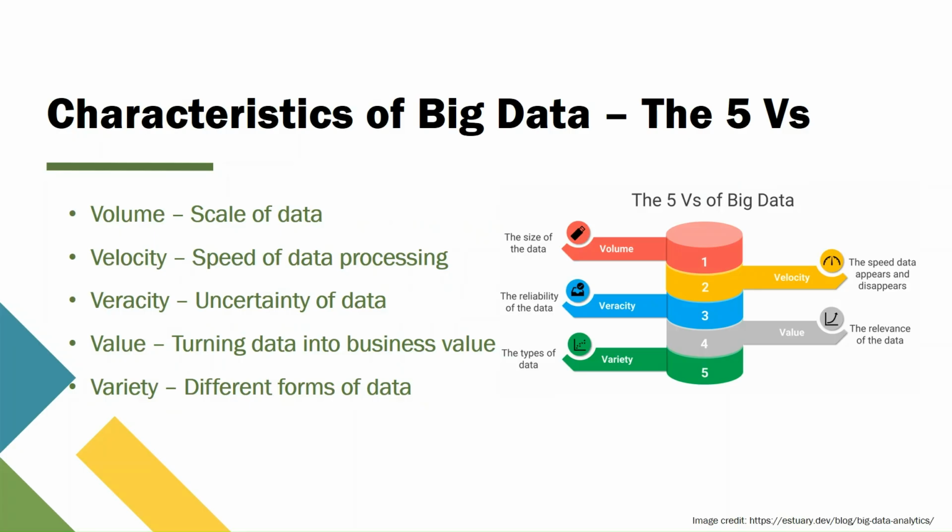I have some data, but how can I convert the data into business value? And finally, different forms of data, which we call variety. So these are the characteristics of big data that have to be considered.